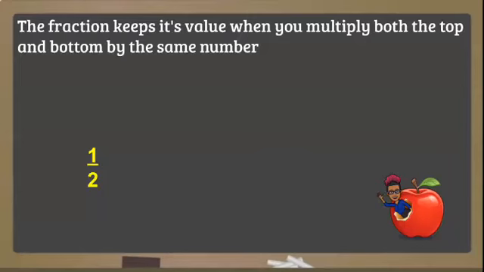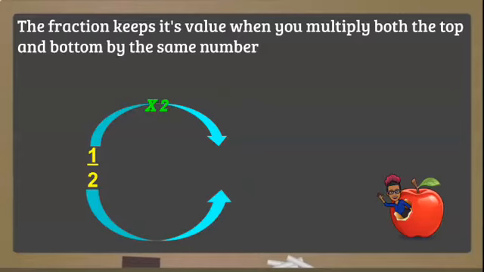So let's look at our fraction half. We're going to multiply our numerator 1 by 2 and also our denominator 2 by 2, which will give us the fraction 2/4.